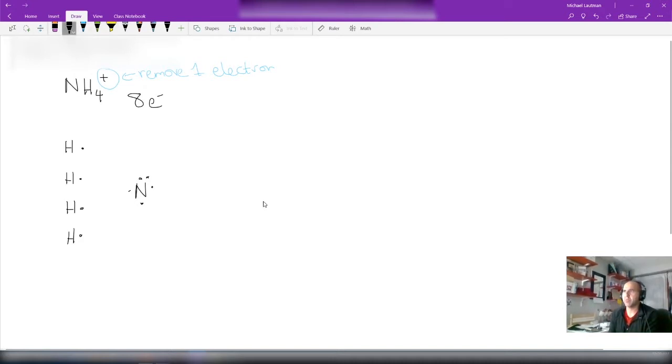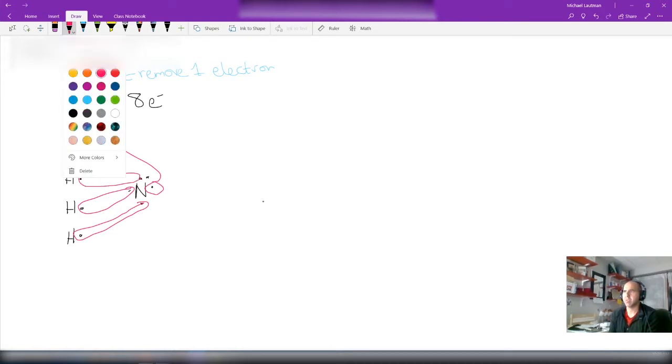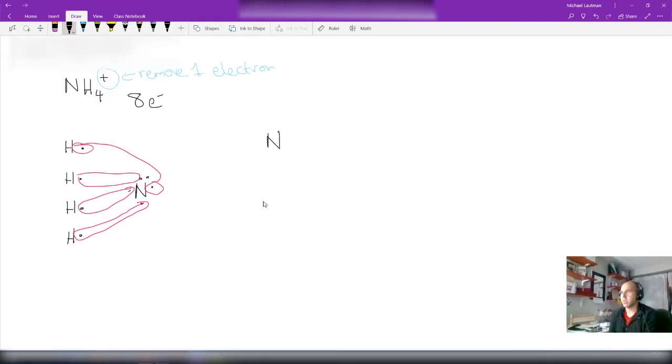So if we link everything together, what if we do these, and then this one with this one here, and then this one here? I'm just trying to represent everything. So I have my nitrogen with 4 hydrogens and 1 unpaired electron.